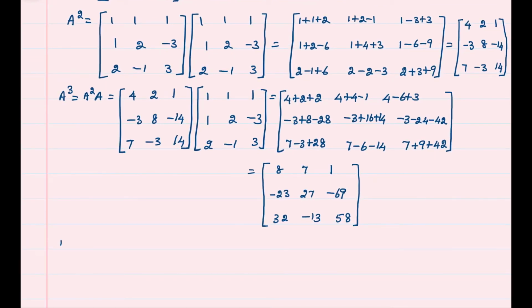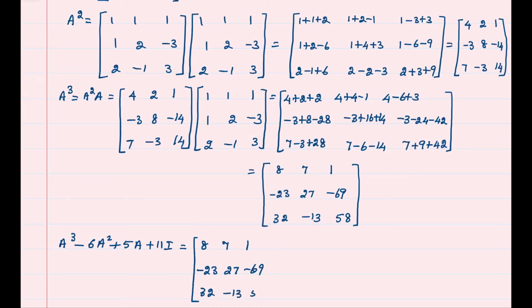Now the given expression A cube minus 6A square plus 5A plus 11I is equal to A cube, which is 8, 7, 1, minus 23, 27, minus 69, 32, minus 13, 58, minus 6 times A square.